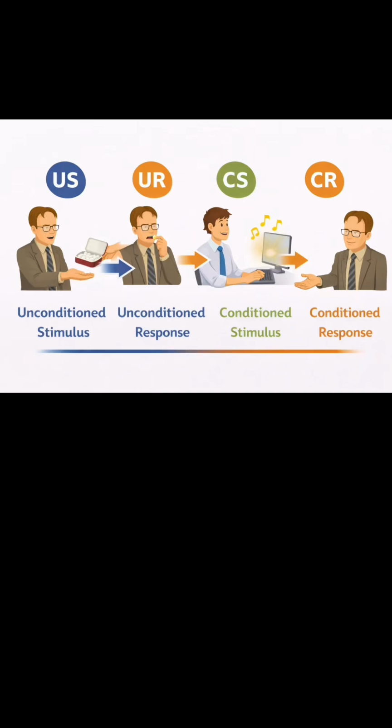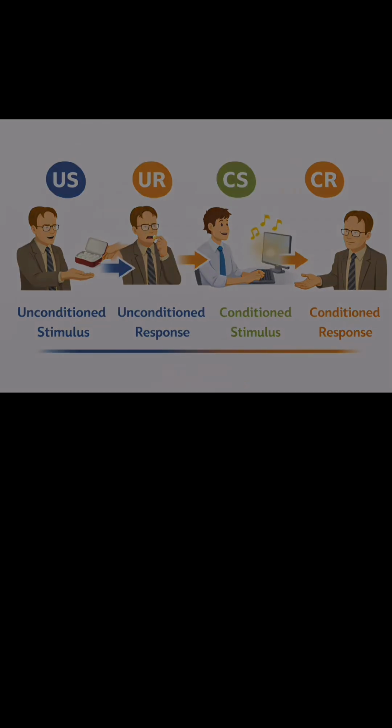And Dwight's reaction to that sound, like expecting a mint or having a bad taste in his mouth, becomes the conditioned response. So this is classical conditioning because a neutral stimulus was paired with an unconditioned stimulus until it created a learned automatic response.